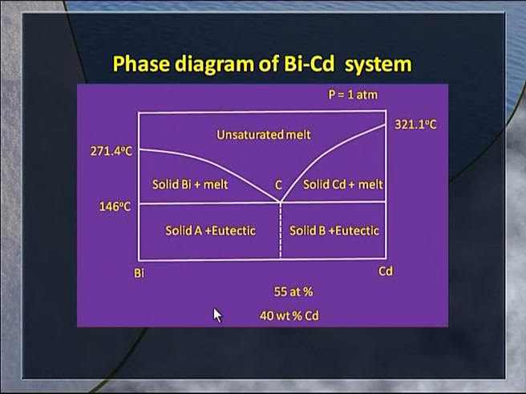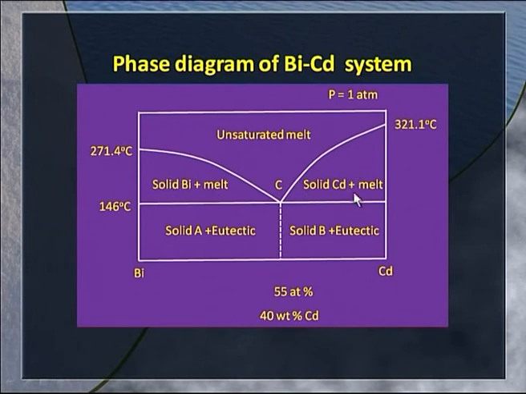Here we have a system which more or less gives us a eutectic phase diagram. It is a bismuth-cadmium system. There is no miscibility between bismuth and cadmium in the solid state, but in the molten state they are completely miscible, and it is a single phase system. That is why I have written an unsaturated melt, and on this side you have solid bismuth crystallizing out from the melt.